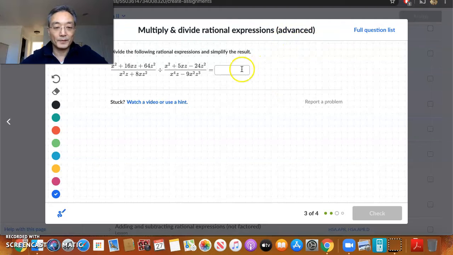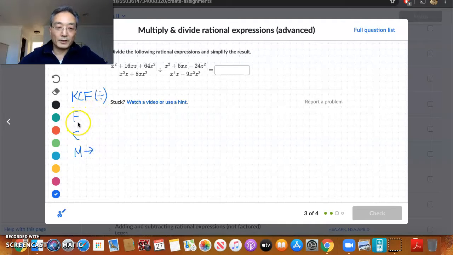Okay, so let's begin. Now again, let's remember our steps. If it's a division, keep, change, flip, right? Only if it's a division, and then of course factor, cancel, and then multiply across.